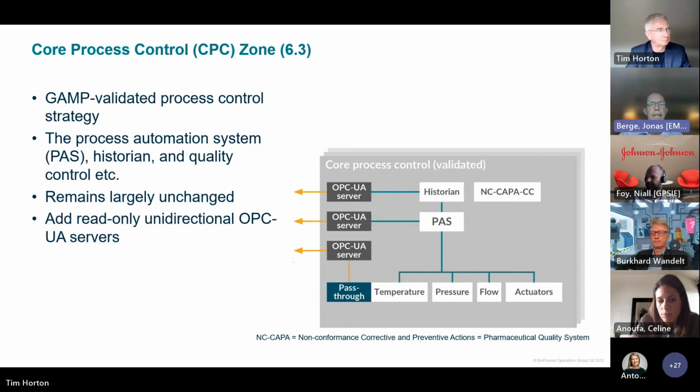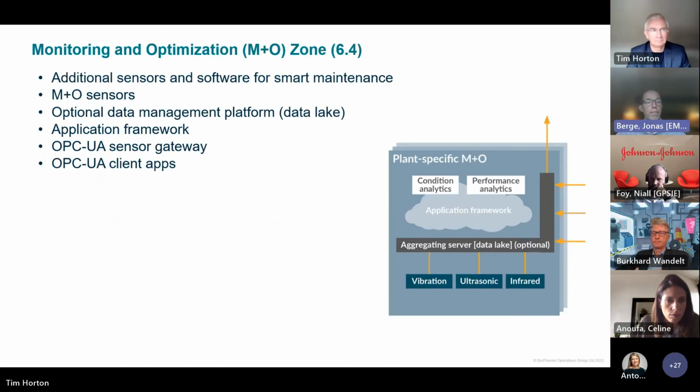Note that digitalization can start with the many predictive maintenance use cases which do not require live data from the CPC zone, because most of the data come from the new non-process sensors such as vibration and acoustic noise. So this will not delay digitalization. Next slide, please.